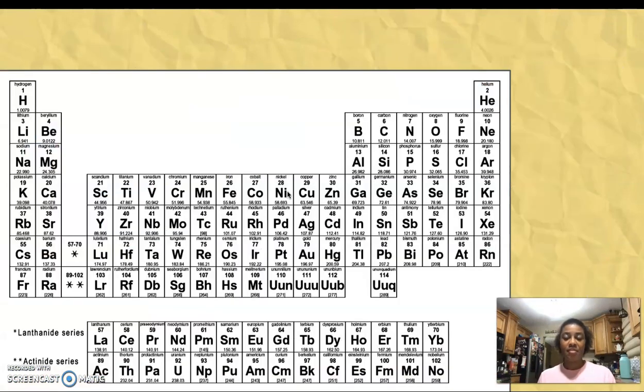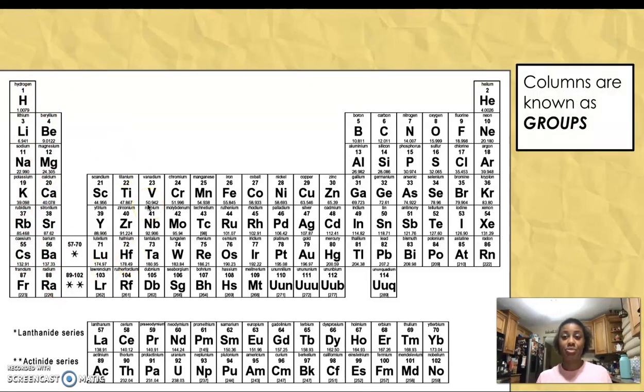All right, so here we have the periodic table, and it does have some organization to it. We have columns that go vertically like this, and these columns are known as groups. The elements in the columns have similar characteristics.